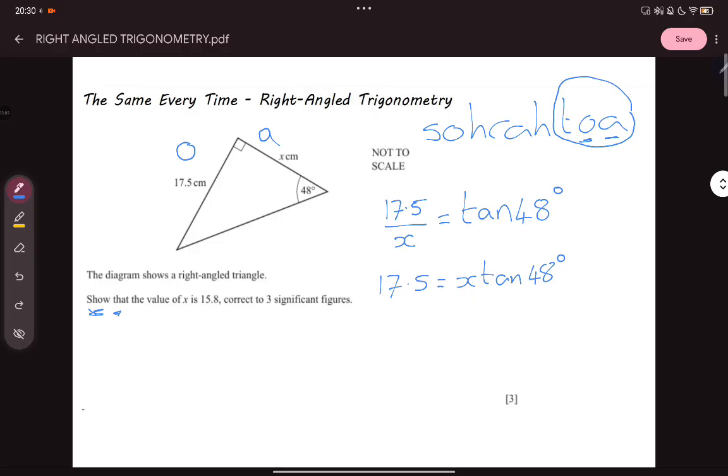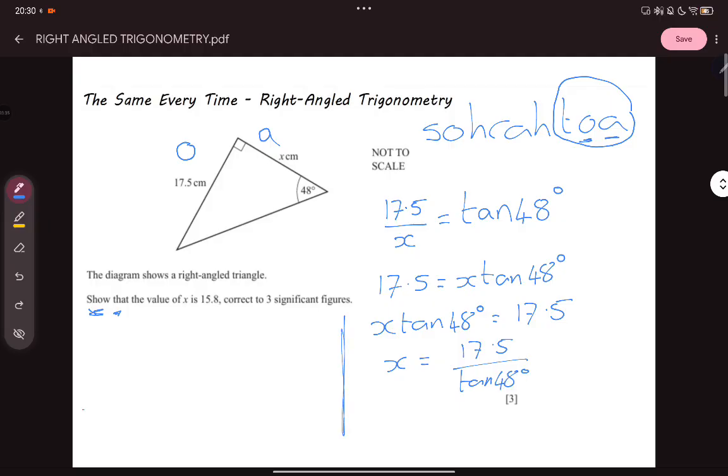Remembering that tan 48 degrees is just some number, a not very nice decimal number. If I write that the other way around, x tan 48 degrees equals 17.5. Then I can make x the subject. x equals 17.5 divided by tan 48 degrees.